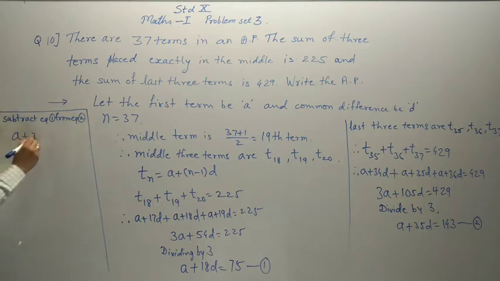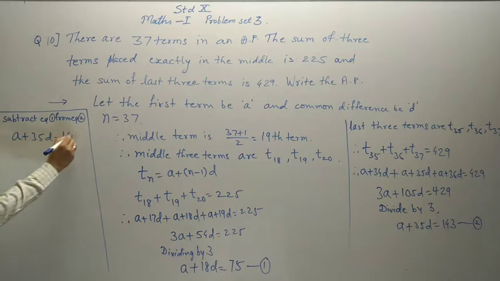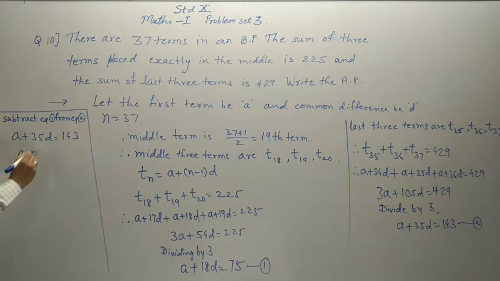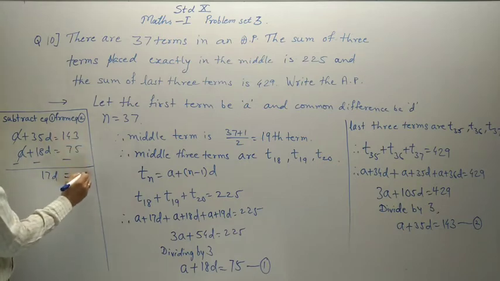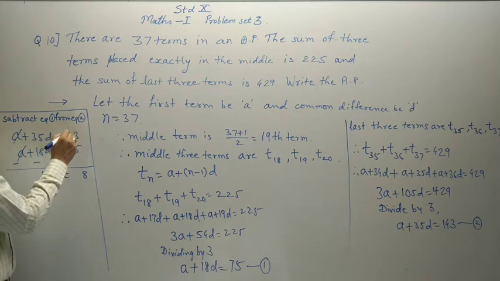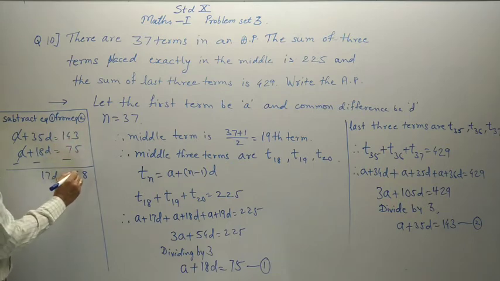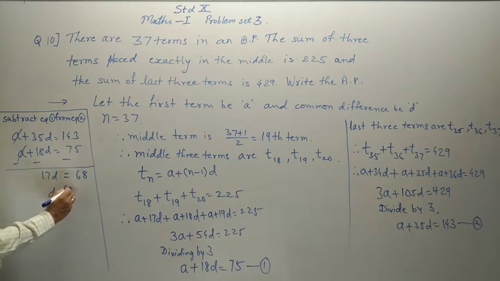A plus 35D is 143, A plus 18D is 75. A minus A cancels. 35 minus 18 is 17D. 143 minus 75 is 68. D is 68 upon 17, equal to 4.